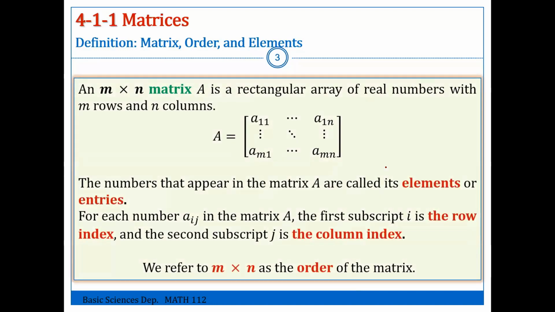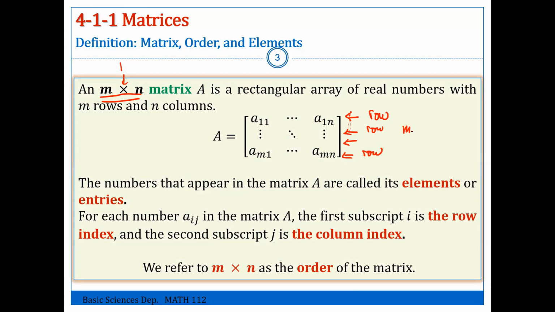So what do we call a matrix? Remember, what is a matrix? An M by N matrix is a rectangular array of real numbers, a table containing what we call M rows. So this is a row, row, row.